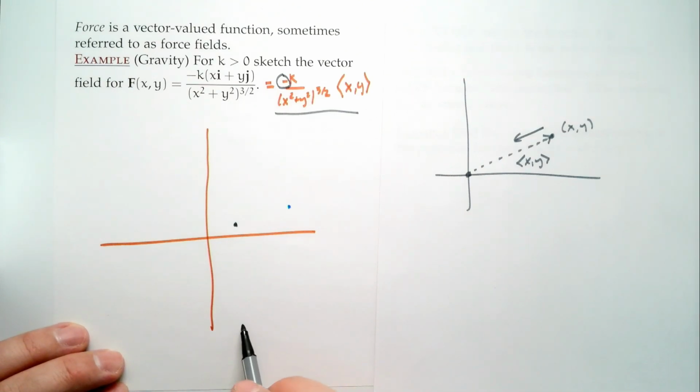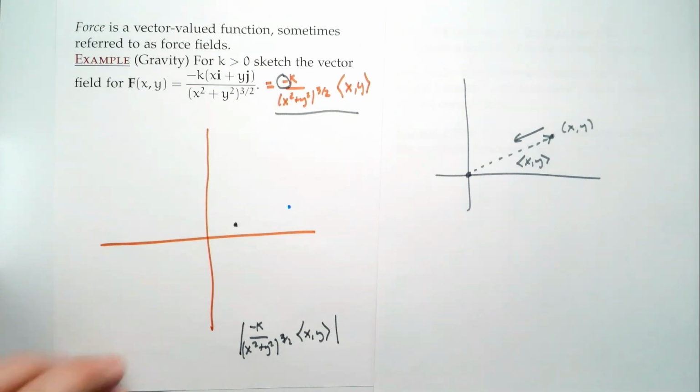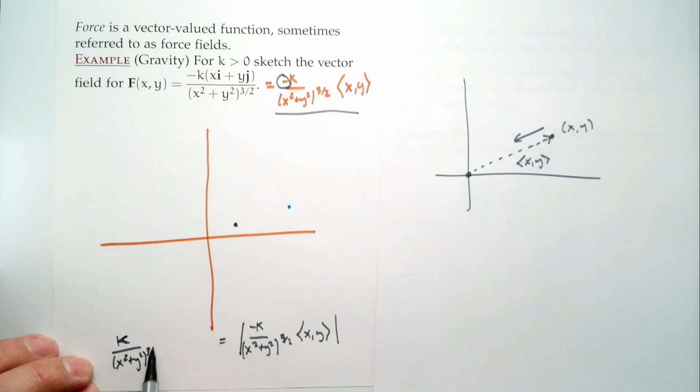If you take the magnitude of this vector, negative k over x squared plus y squared to the 3/2 power times x comma y, well, the constant comes out, but then we drop the negative sign. So if we take the magnitude of this, we'd end up with k divided by x squared plus y squared to the 3/2 times the magnitude of the vector x comma y, which is the square root of x squared plus y squared.